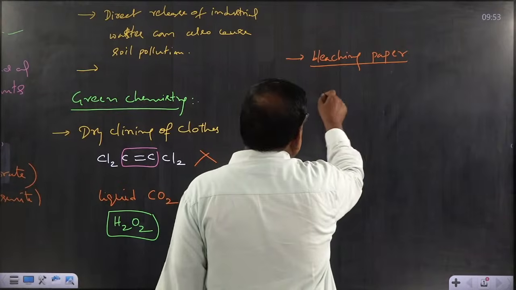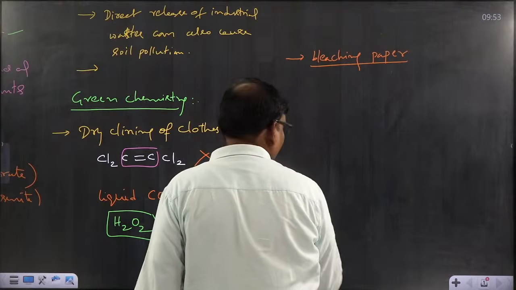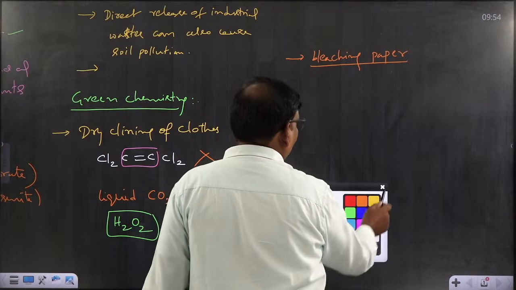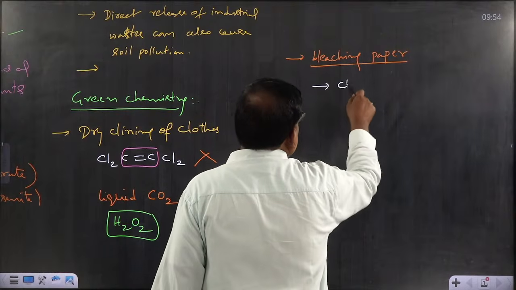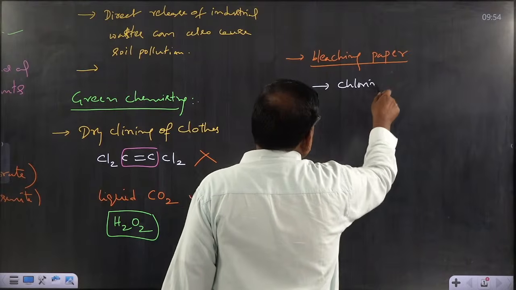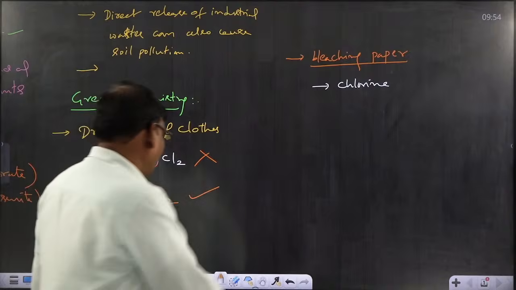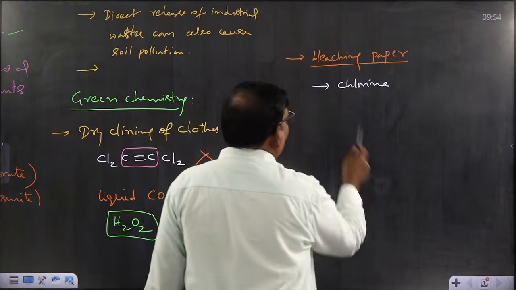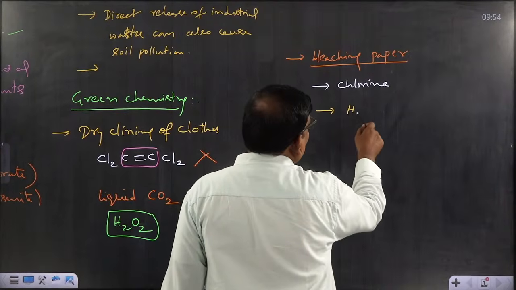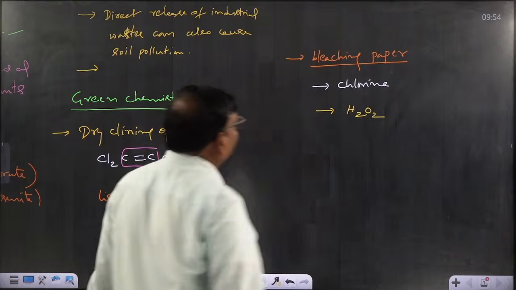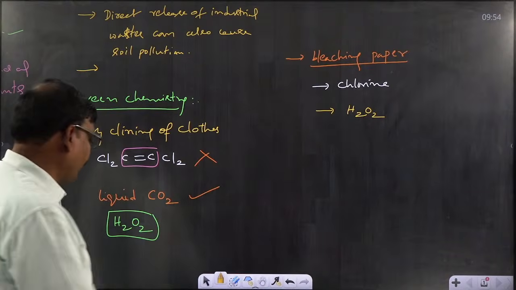The raw paper is treated with chlorine. By the use of chlorine, pollution levels increase. Now, that can be replaced by the chemical hydrogen peroxide. This is the second example.